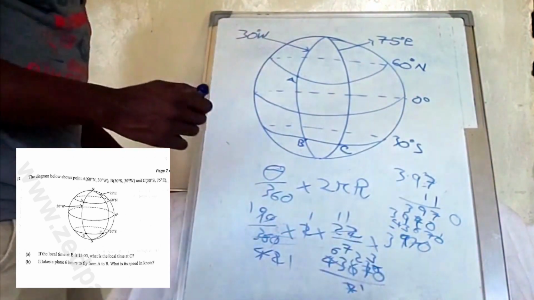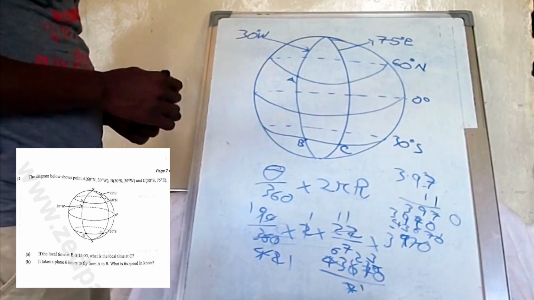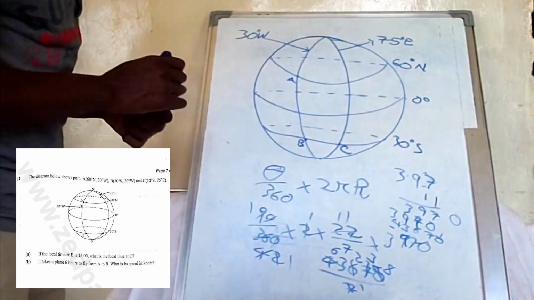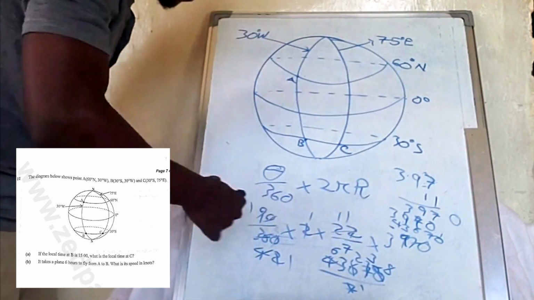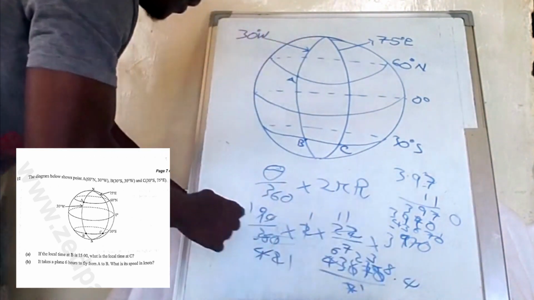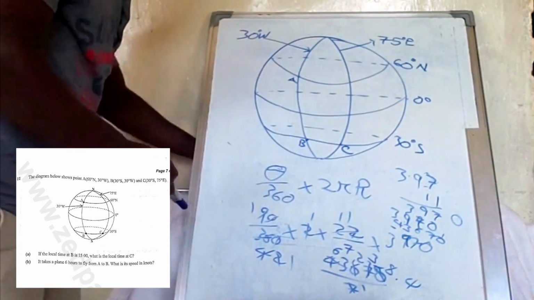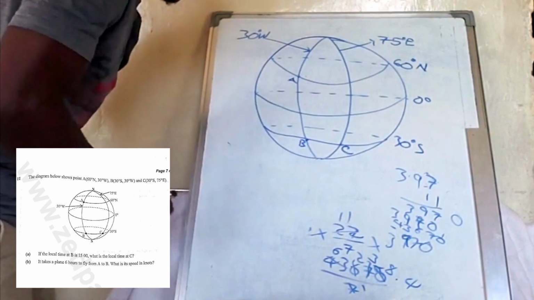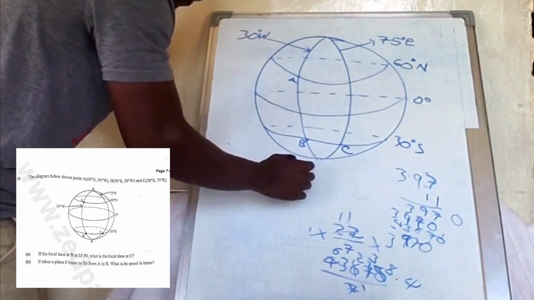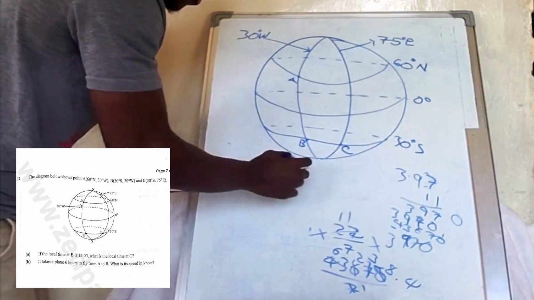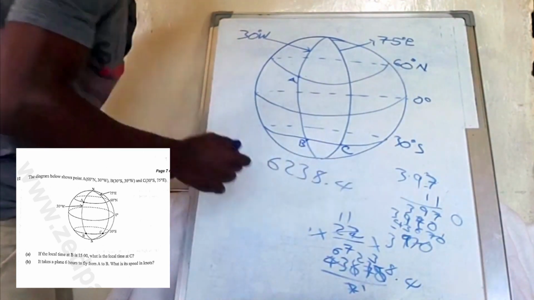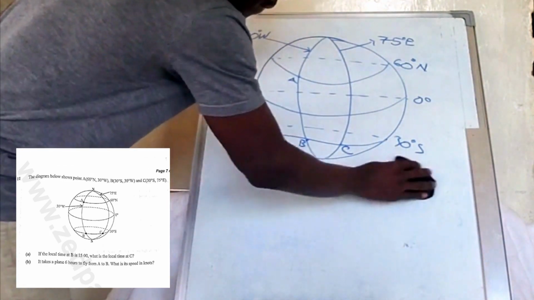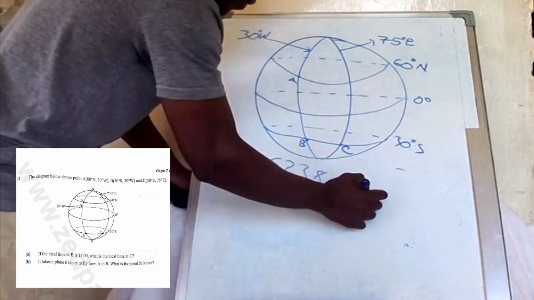And 7 into 60 will give us 8, remainder 4. So we can say 0.4. Okay, so let me write it here. So we have 6238.4. Okay, let's leave it there. This is our distance in nautical miles.